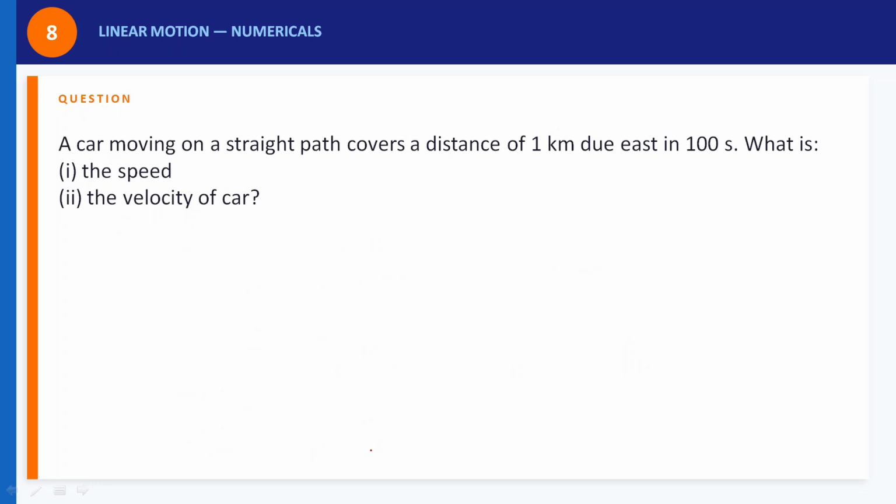A car moving on a straight path covers a distance of 1 kilometer due east in 100 seconds. What is the speed? What is the velocity of the car? Okay. So speed I'm going to find first.